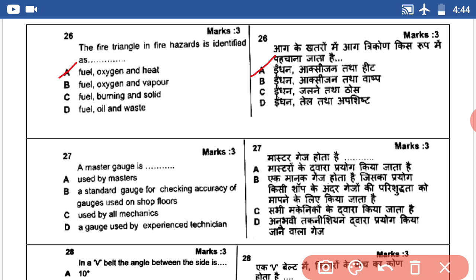A master gauge is dash. A master gauge is a standard gauge for checking accuracy of gauges used on shop floors. So answer B. Question number 28.